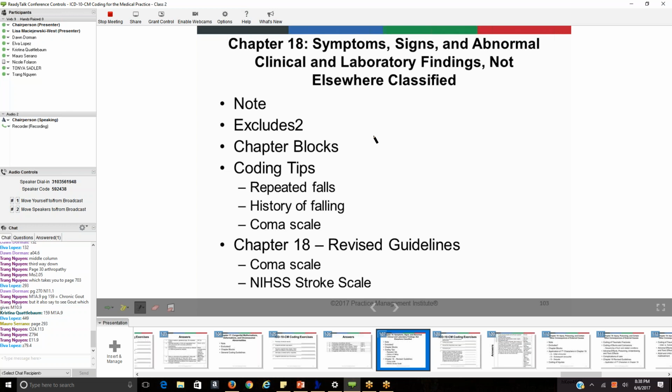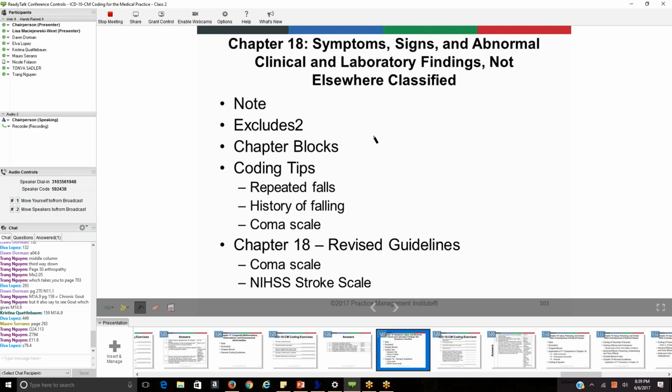And again, we'll go through maybe one coding exercise from Chapter 18. But the main thing about Chapter 18, if you go to the coding tips on page 97, it says Chapter 18 includes symptoms, signs, abnormal results, clinical or other investigative procedures, and ill-defined conditions regarding which no diagnosis classifiable elsewhere is recorded.